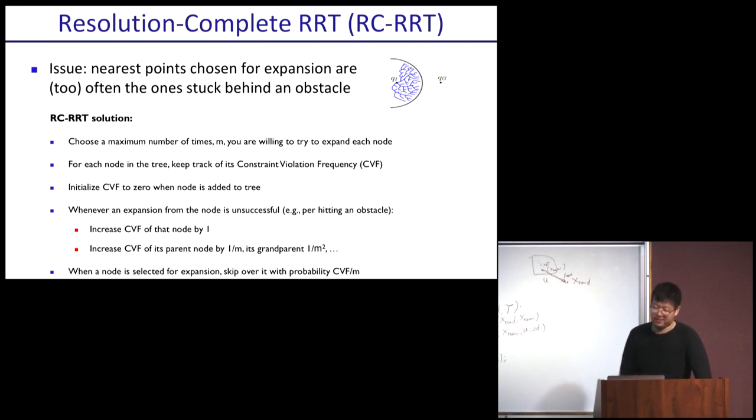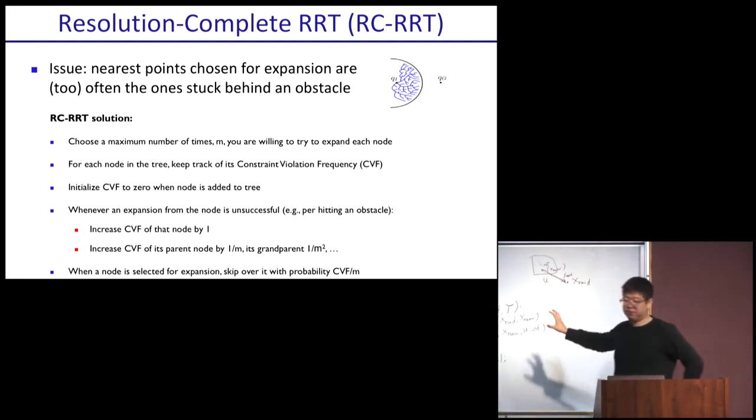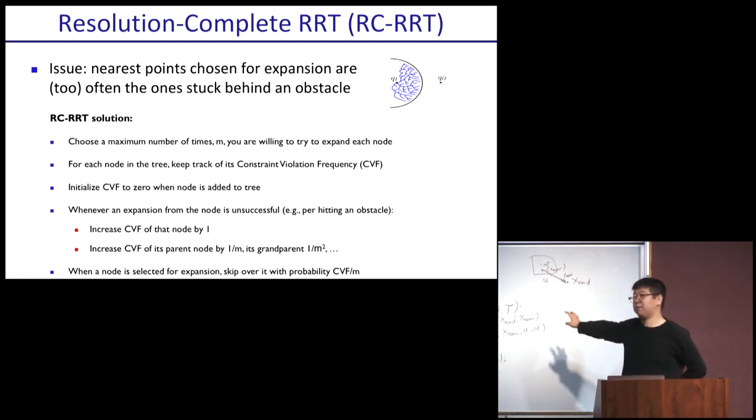Oh, okay. So this is, and we need to check the last step. When a node is selected for expansion, skip over it with probability CVF over m. So when you skip it, does that mean that you go to the next nearest neighbor then? Yes. So you need to choose the nearest neighbor, and in this algorithm, we do it with 100% probability.